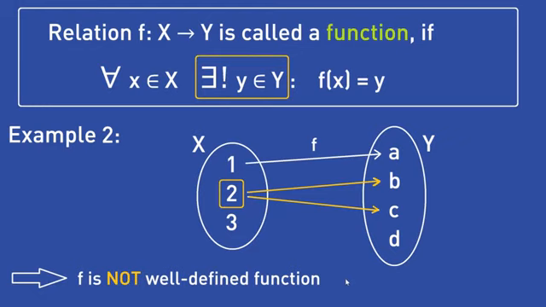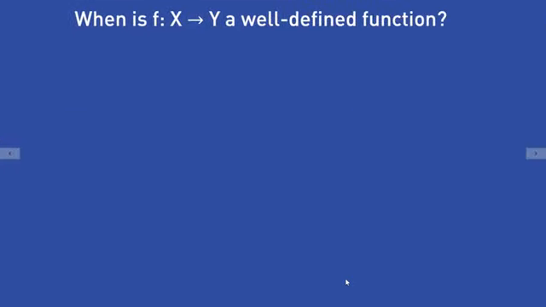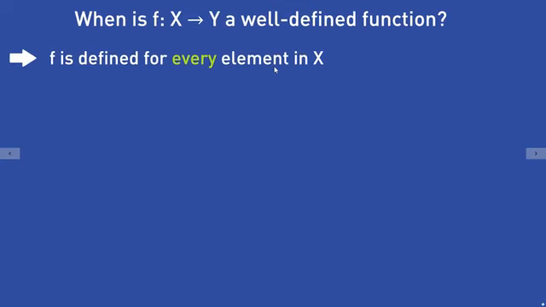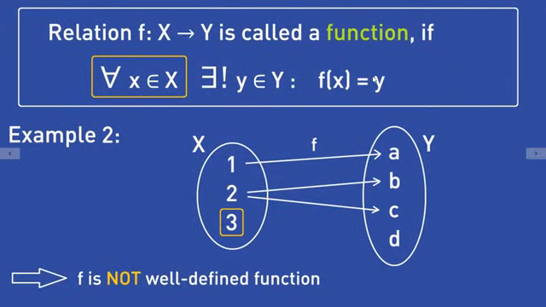Okay, let's take a little closer look at well-definedness now. What do you have to check to find out if a relation f between the sets X and Y is a well-defined function? So, first of all, f has to be defined for every element in the set X. So something like this here, that one element in X isn't associated to any element at all, can't happen when you have a function.